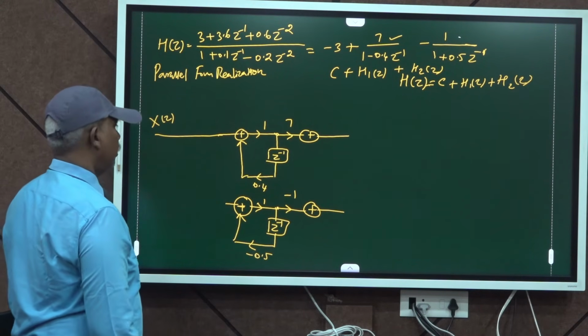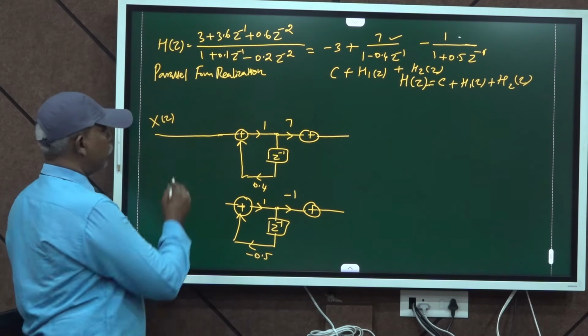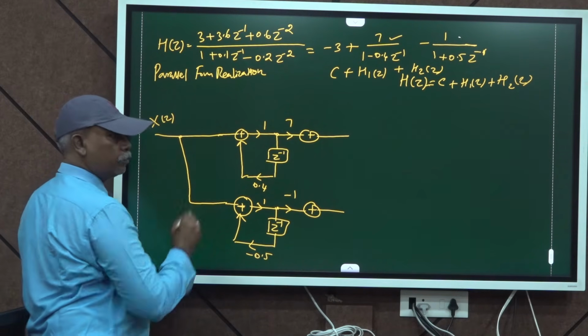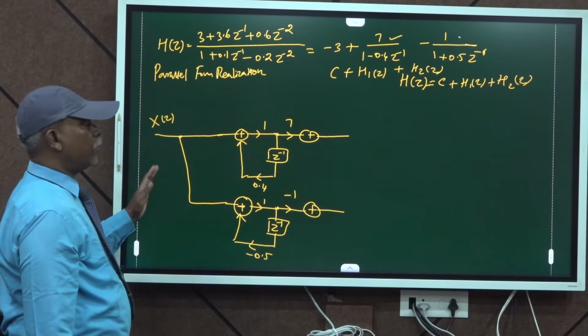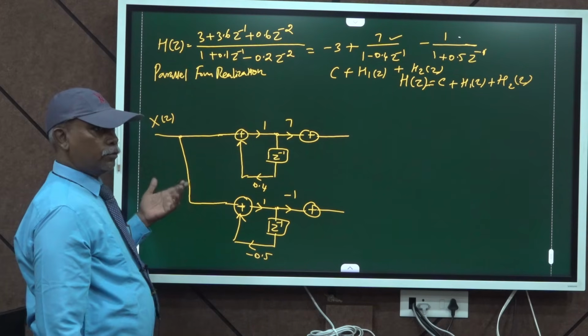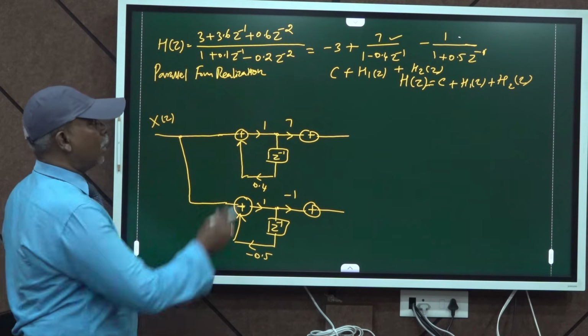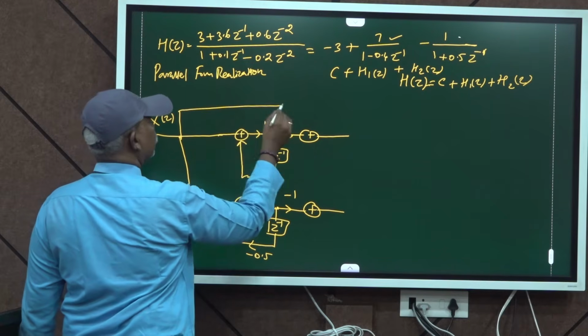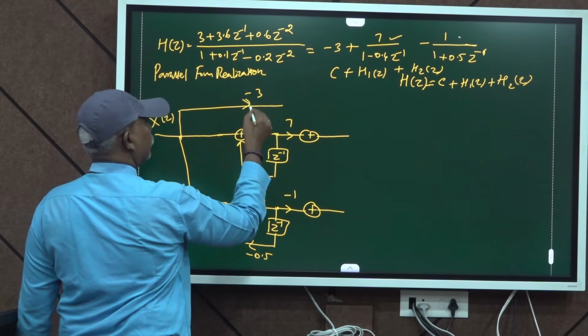Now, how is it proved parallel? The X of z should be the same for this also. The input is the same for both transfer functions, so it is called parallel. And another term, minus 3, is there, that also we have to complete. This is minus 3.